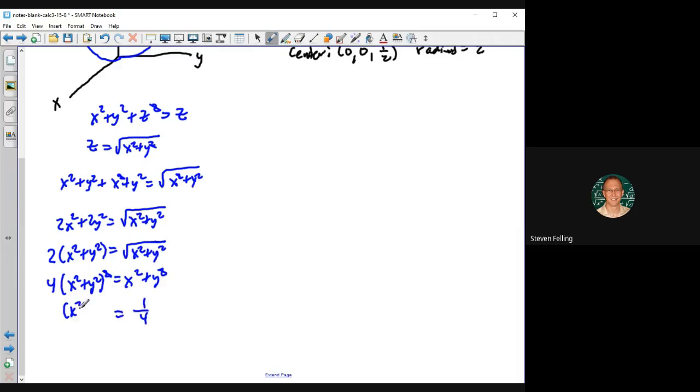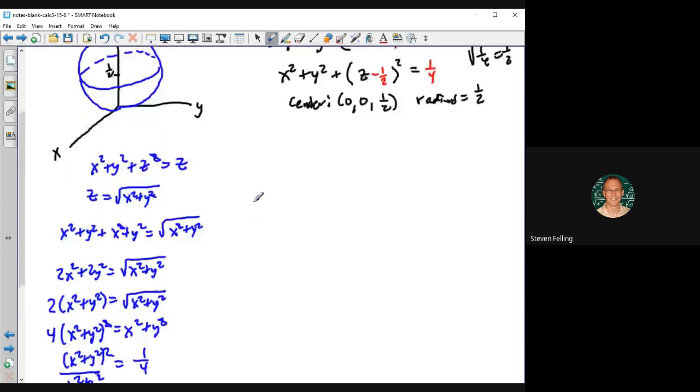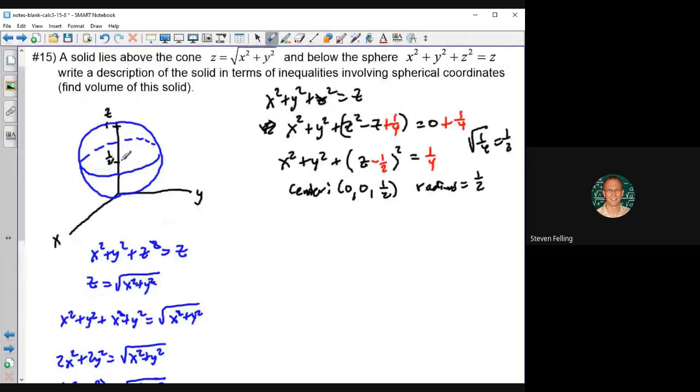Then I would have x squared plus y squared, squared, over x squared plus y squared. And so that is equivalent to x squared plus y squared equals 1/4, which would be a radius of 1/2. So sure enough, that intersection does occur out here at 1/2.